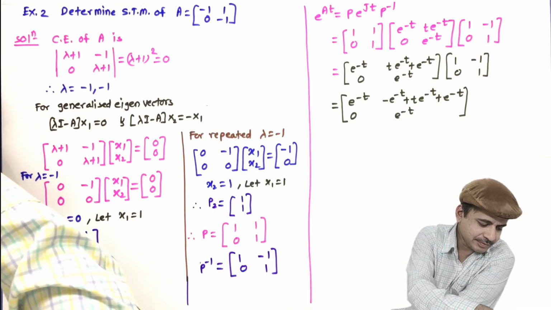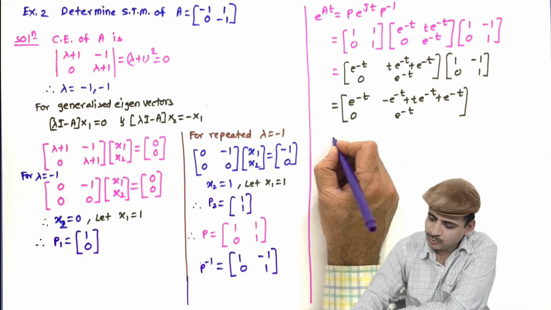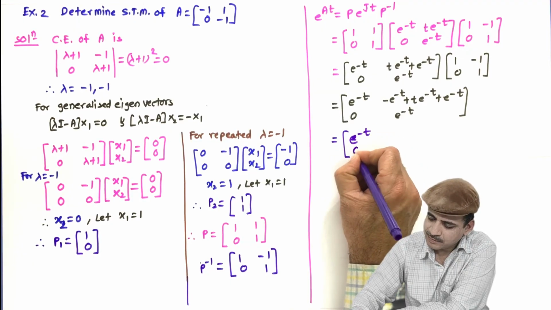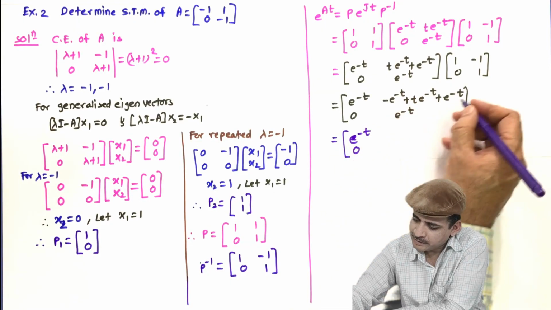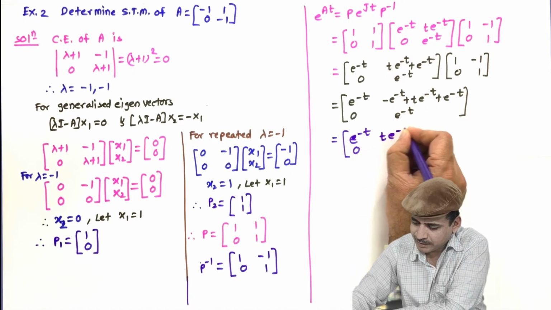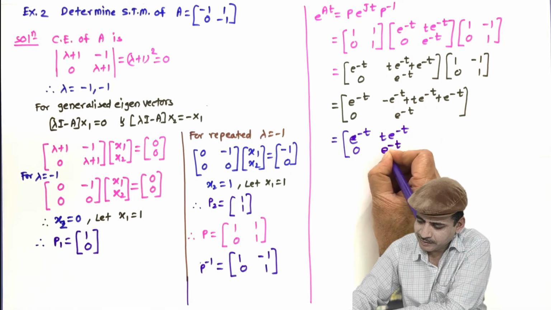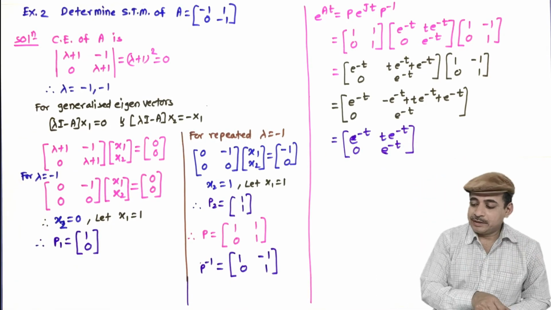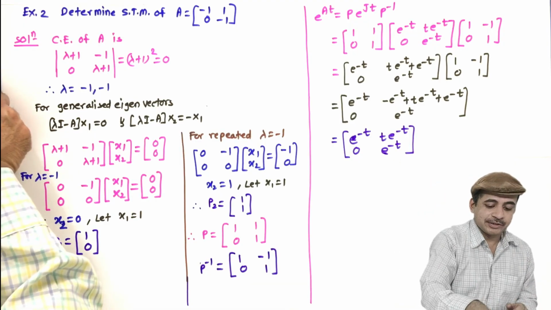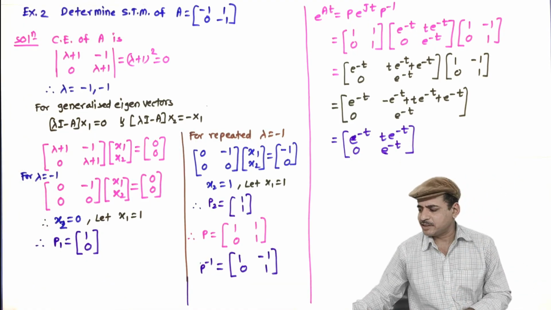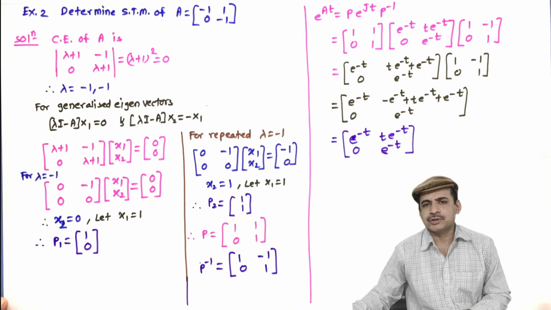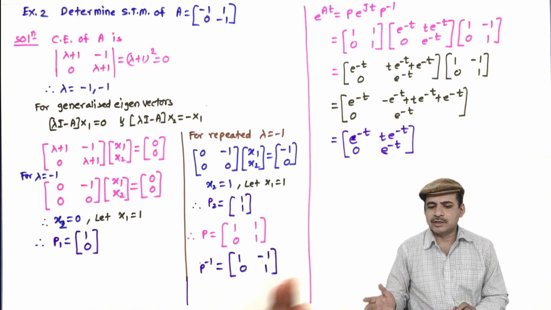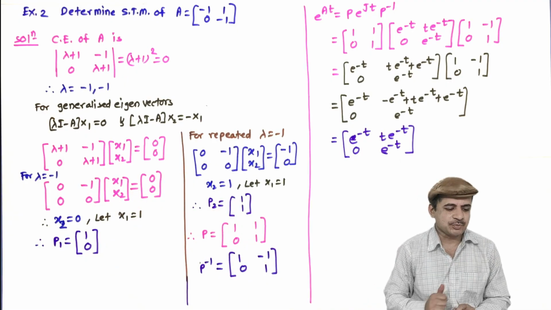And what is it? It is equal to [e raised to minus t, t e raised to minus t; 0, e raised to minus t]. This gets cancelled, so t e raised to minus t, e raised to minus t. So it is one and the same. By all three methods, we have obtained the state transition matrix: by the Laplace transform approach, then the second approach was the Cayley-Hamilton theorem approach, and the third approach is using similarity transformation.